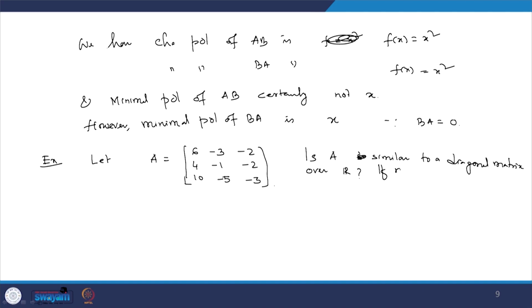If not, is it similar to a diagonal matrix over the complex numbers C? To answer this, first of all we have to find the characteristic polynomial of this matrix.